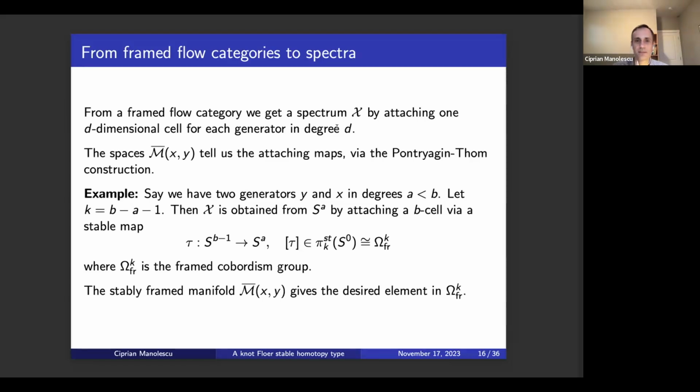The simplest example, let's say we have two generators, Y and X, in degrees A and B, and K is B minus A minus 1. Then I want to construct a spectrum from the sphere in degree A by attaching a B cell.